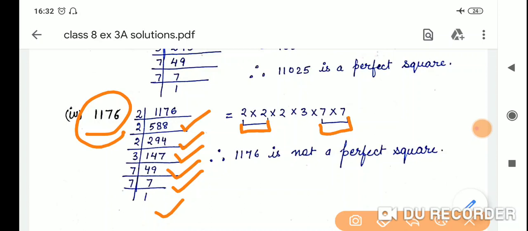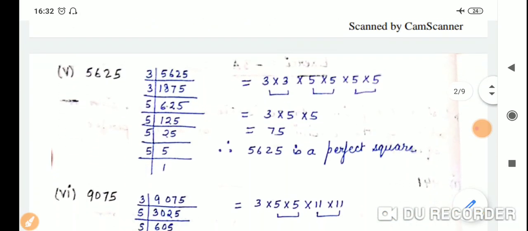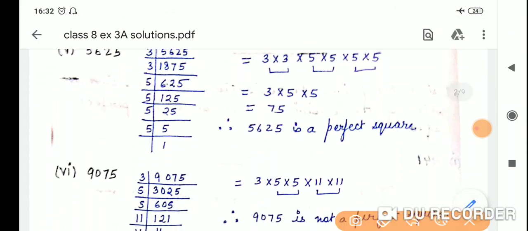Okay, if 2 and 3 are not having the pair, it means that it is not a perfect square. I told you that whenever any factor is not having a pair, this shows that the number is not a perfect square. Clear?